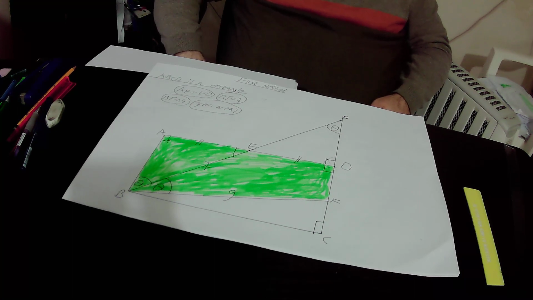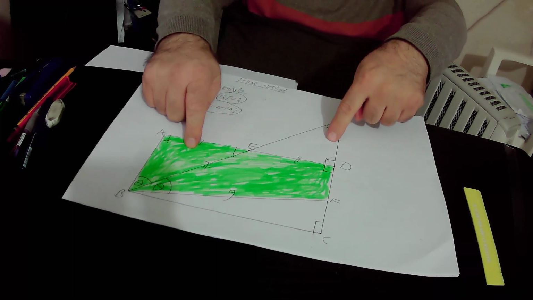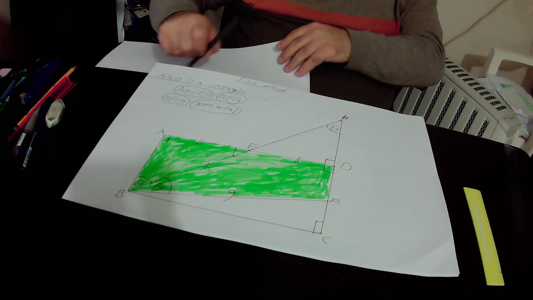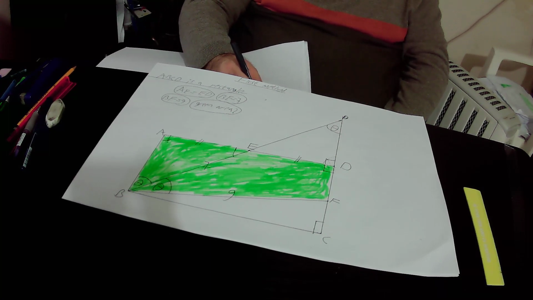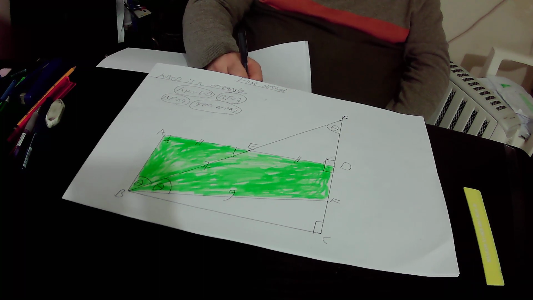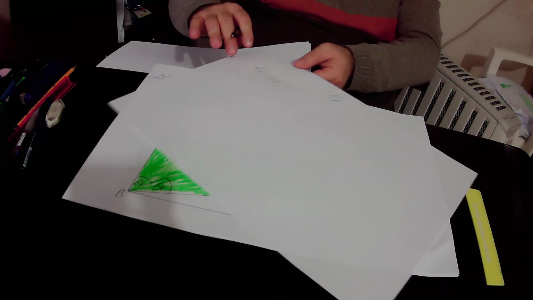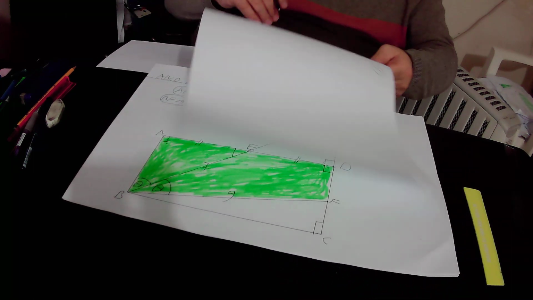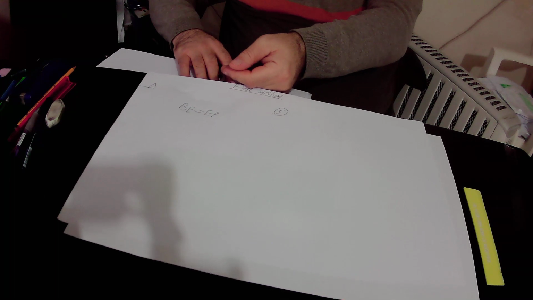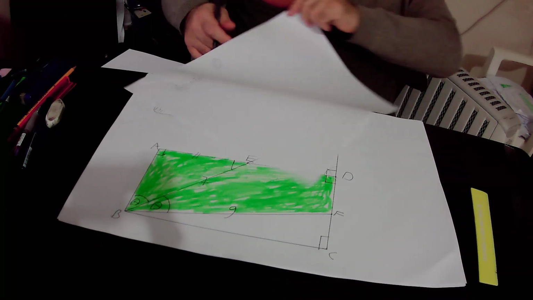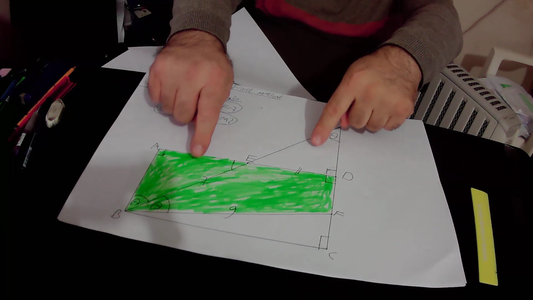And from the fact that those two triangles are congruent to each other, we conclude that BE equals EP, according to the rule that corresponding sides in congruent triangles are equal to each other.